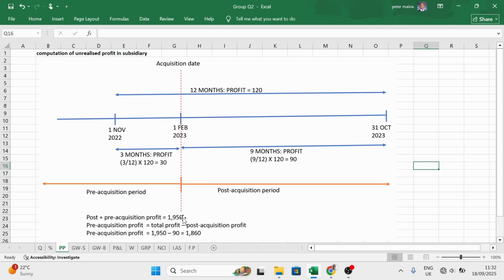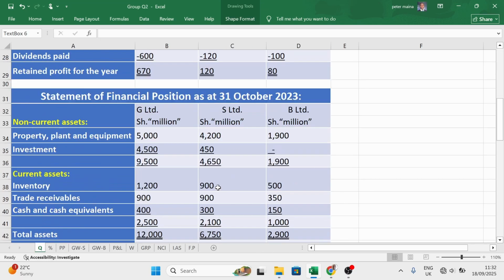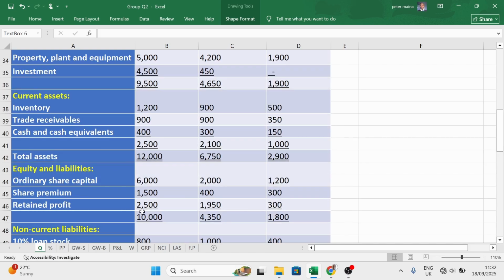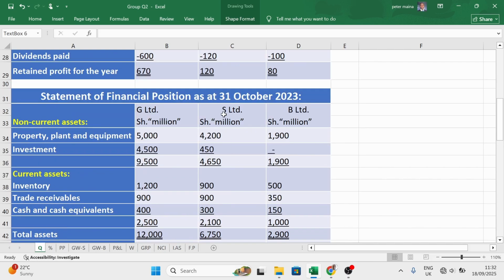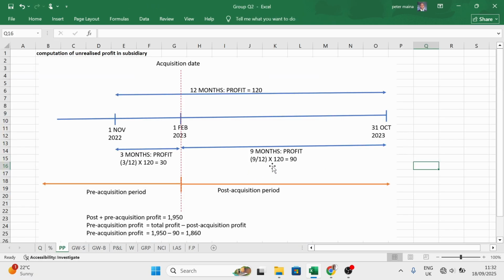The entire profit, 1950, is made up of both post-acquisition and pre-acquisition profit. So if you want to be left with the pre-acquisition profit, you take the total profit and deduct post-acquisition profit. The balance will be pre-acquisition profit. So pre-acquisition profit is equal to 1950, the total profit as at the balance sheet date of S Limited, and you deduct post-acquisition.